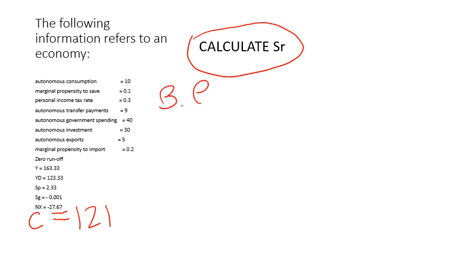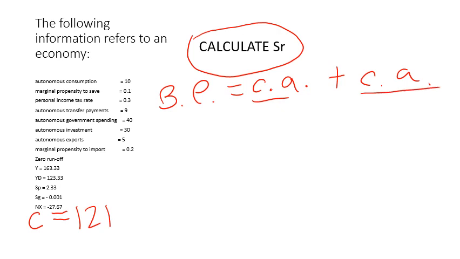Balance of payments, which is a country's record of international transactions, is equal to the current account plus the capital account. All right?